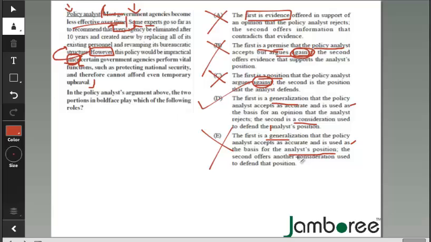So it is not the basis of the analyst's position, got it? Yes. So you have to read carefully and understand what each portion is doing. Look out for keywords such as against, does not support, supports, etc.